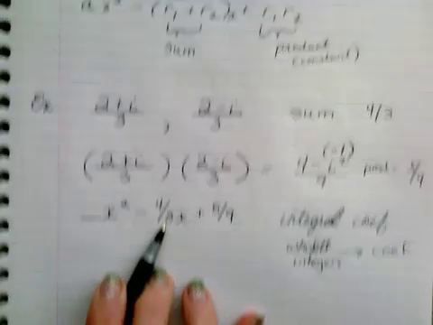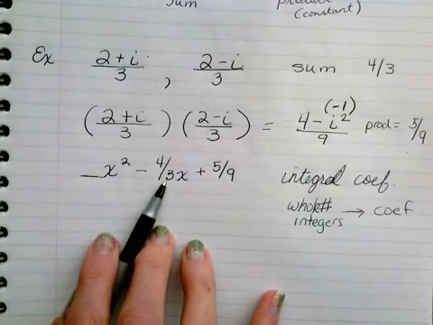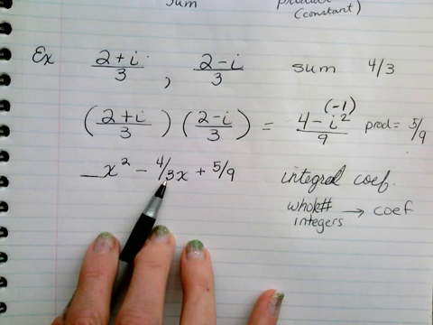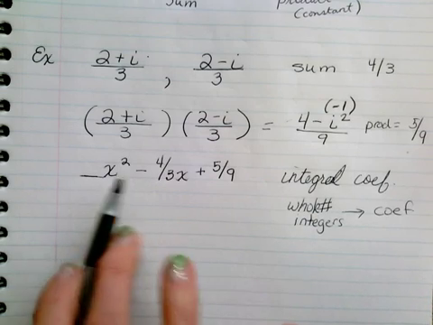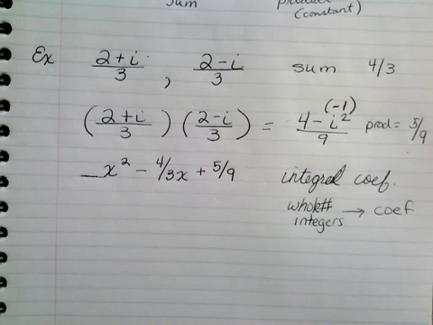Right now I have a fractional coefficient and can't leave it like that. If you remember from way back when, the way you clear fractions is by multiplying each piece by the lowest common denominator. In this case, the lowest common denominator happens to be 9.